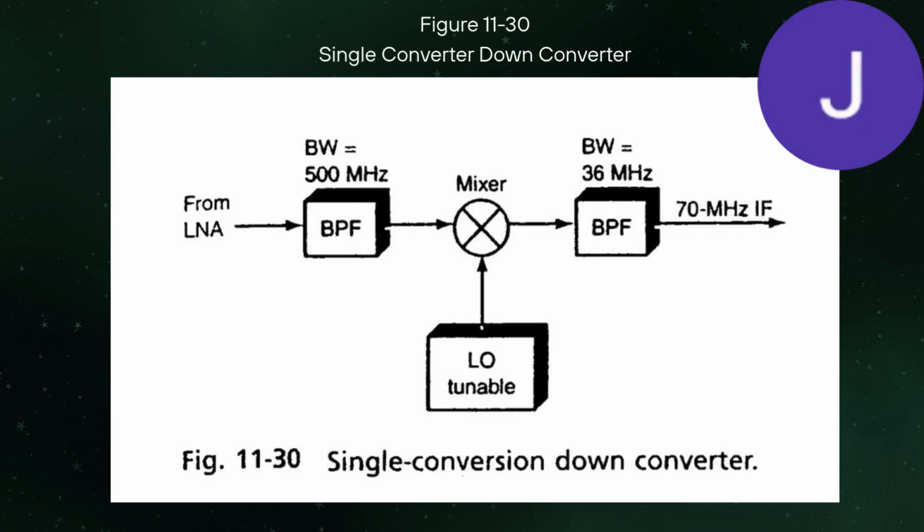Here's a block diagram of the single conversion down converter. So from the LNA, which transmits 500 megahertz, to the BPF, then the mixer, to the BPF. It is called a single conversion down converter because it has only one path from the LNA to the BPF.